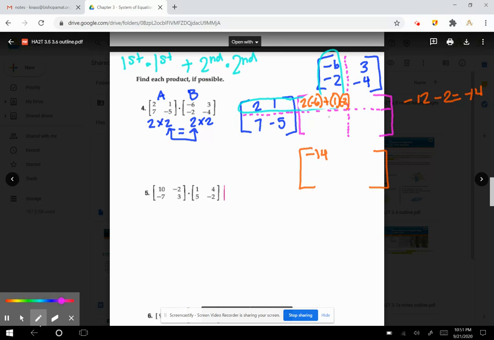Now we'll do the bottom one. Where does the bottom left-hand corner pull from? It pulls from the left, which is the 7 and the -5, and from the top, which is the -6 and the -2. So first times the first, 7 times -6, plus second times the second, -5 times -2.